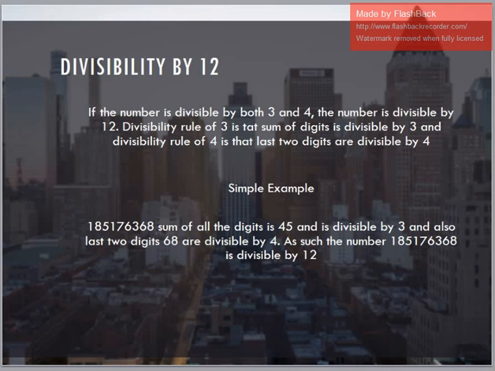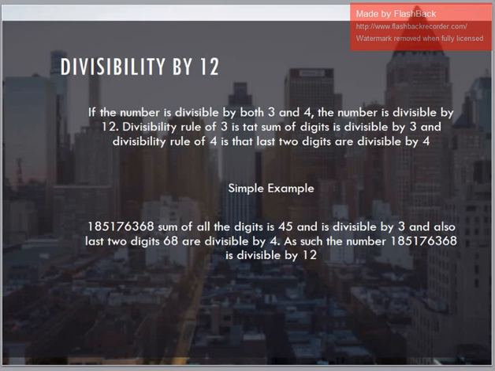And divisibility rule of 4 is that the last two digits are divisible by 4. So, balik muna tayo doon sa previous rule, which is the divisibility by 3. So, ang sabi sa divisibility by 3, i-add mo lang yung mga numbers, and then kung ang sum nun ay divisible by 3, it is divisible by 3.